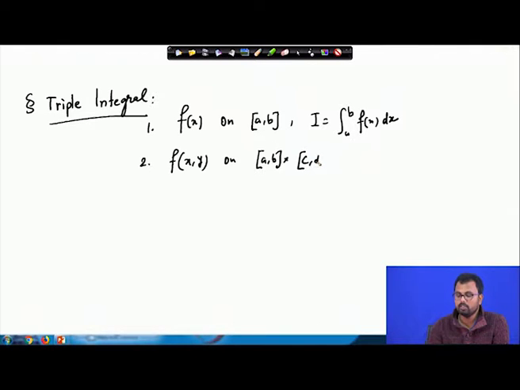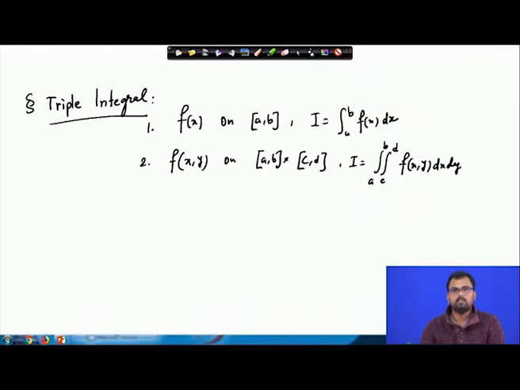This can also be a region. So it can happen that instead of a rectangle we have a region. However, the concept would work similarly. So the integral can be defined as integration from a to b and integration from c to d of f(x,y) dx dy. Now how do we do the integration? That is something we have already seen.